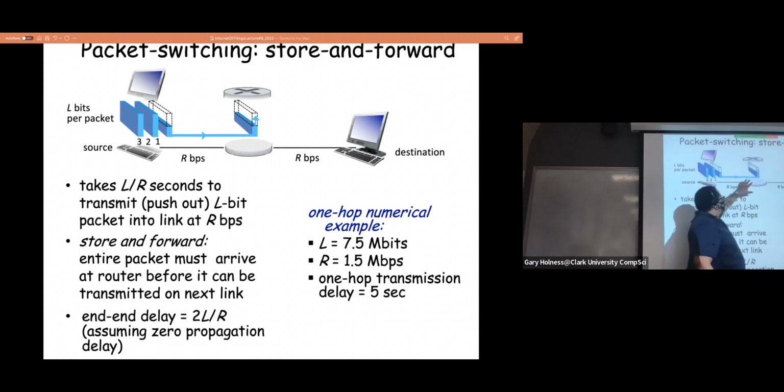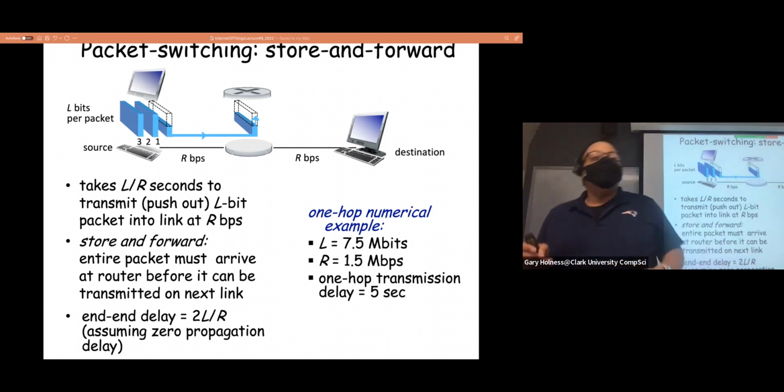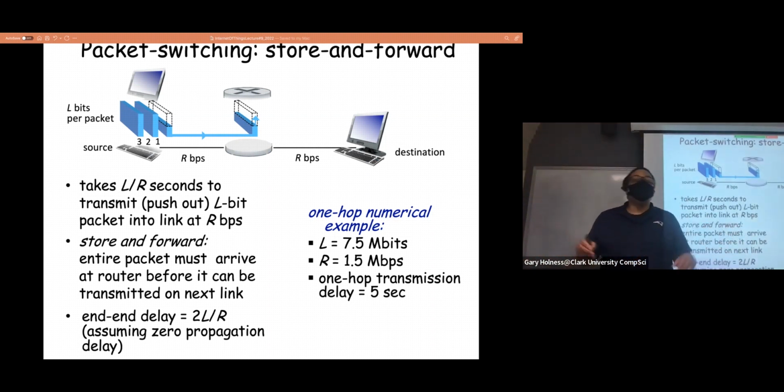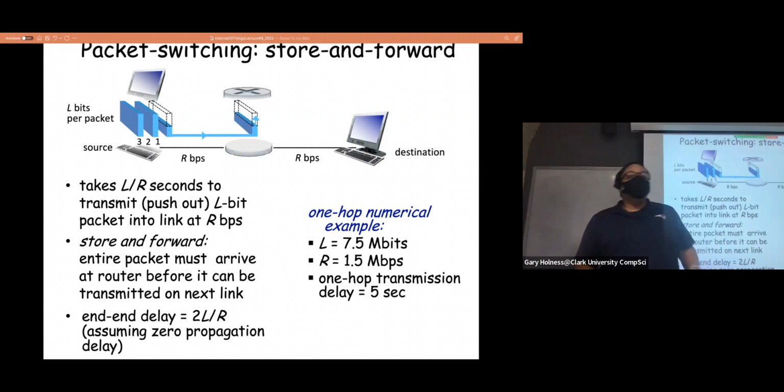The full packet is sent one bit at a time to the router. So the router has to have space to store it, buffer space. When you buy a router at an enterprise level, not so much at a home level, one of the things you pay for is that router memory. It's not the same as buying a RAM module for your computer.